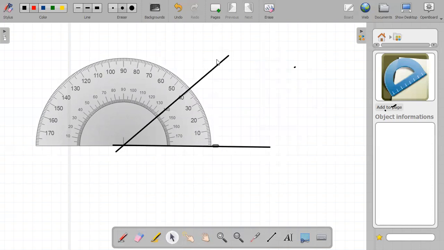Let's name this angle. I will put letters. This is A, B, C. We can name this angle ABC angle. How many degrees is the ABC angle? 41 degrees, right? That's a way of measuring an angle.